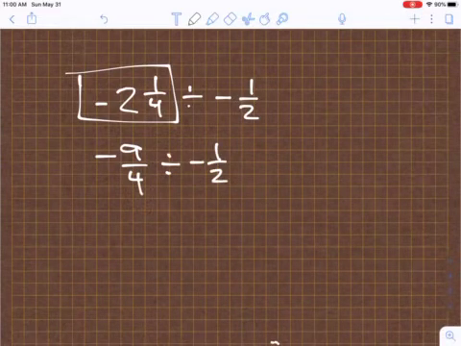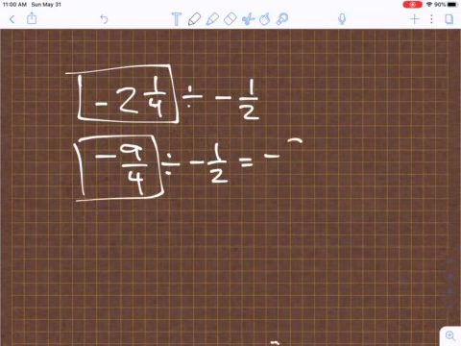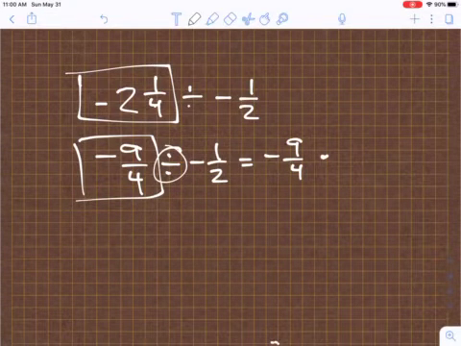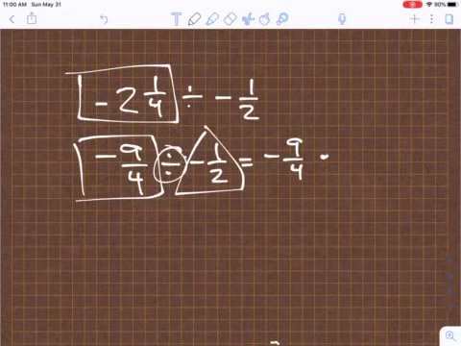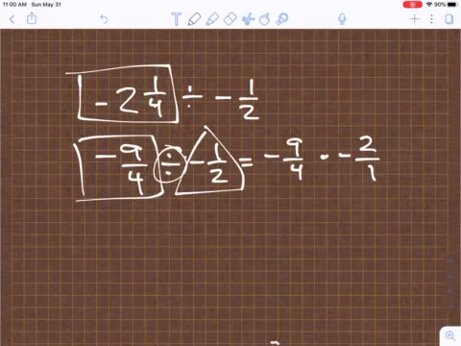All right, so now let's rewrite this. We keep this how it is, so negative 9/4. We're going to change that to multiply, and then we are going to flip this thing. So it's negative 2 over 1, or negative 2, but we'll leave it as a fraction because we're going to be multiplying.